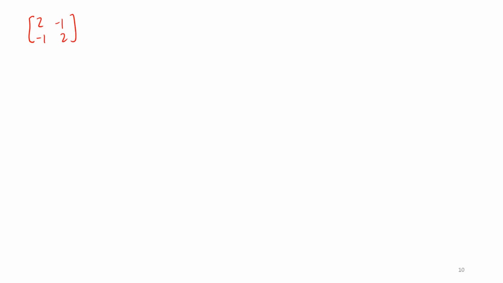Let me call this matrix A. What I'm trying to do is express this matrix A as a product of three matrices, that is, T times D times T inverse. This is my purpose here.